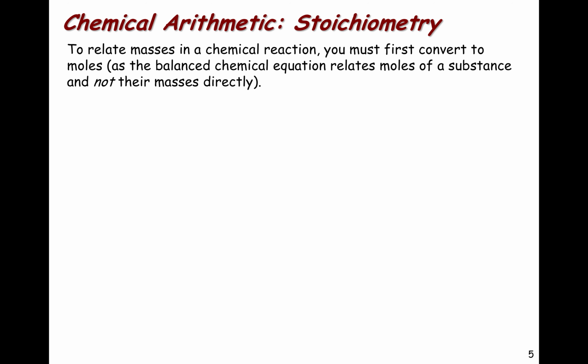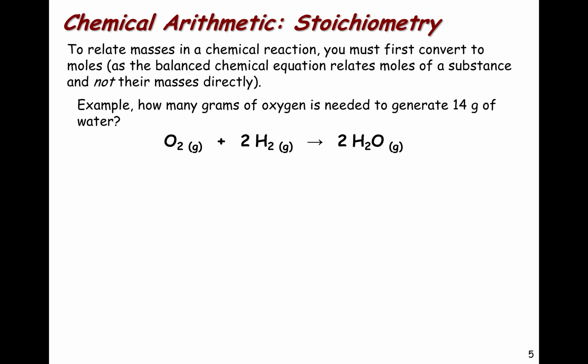So the crucial concept here in terms of stoichiometry is that we can use these mole ratios to do various conversions. So therefore, if we have mass as a given in a problem, the very first thing we would always want to do is convert that into moles. So as an example, how much oxygen is needed to generate 14 grams of water?